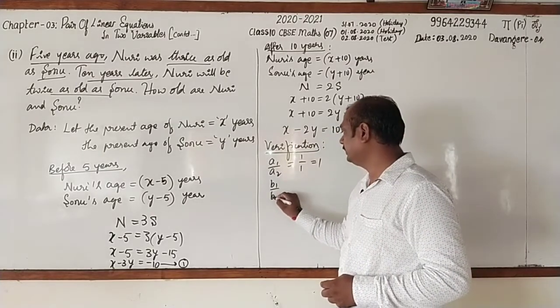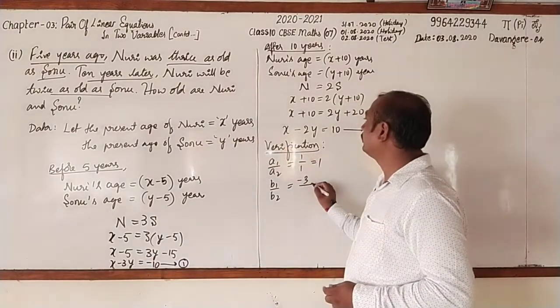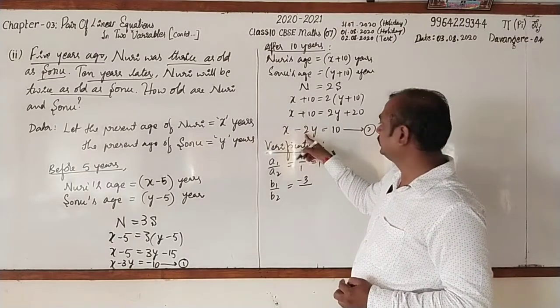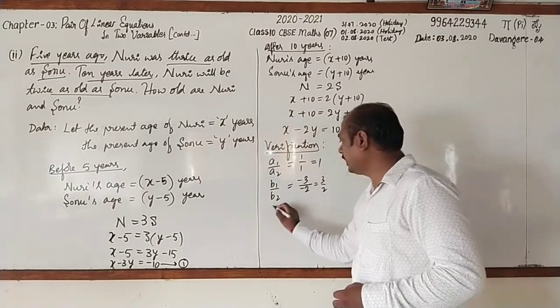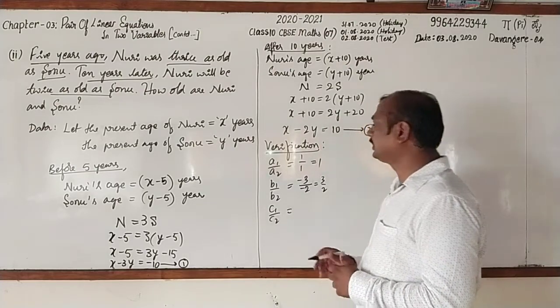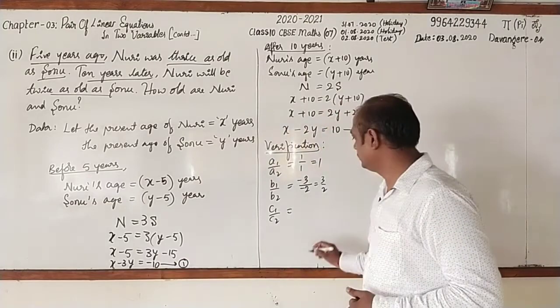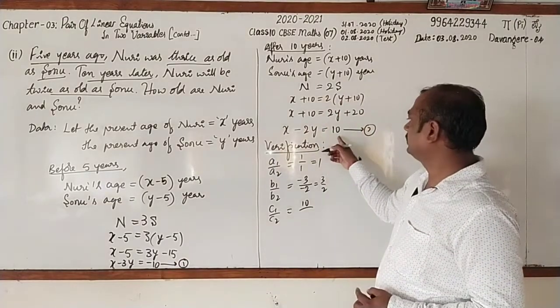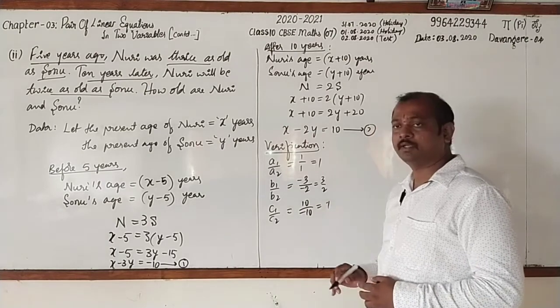Then b1 by b2. b1 is minus 3, b2 is minus 2. This will be 3 by 2. Then what about c1 by c2? c1 is minus 10, and c2 is minus 10, so it's equal to 1.